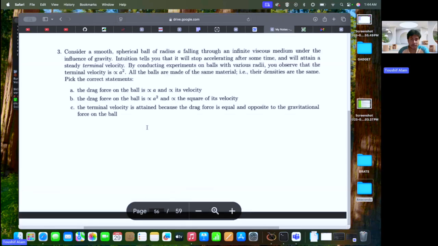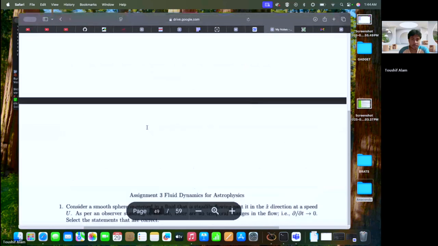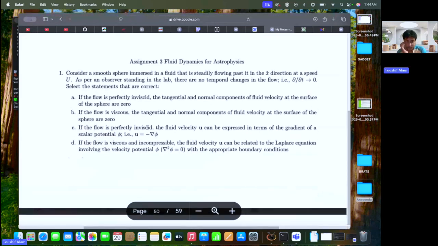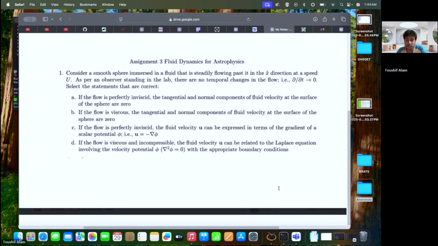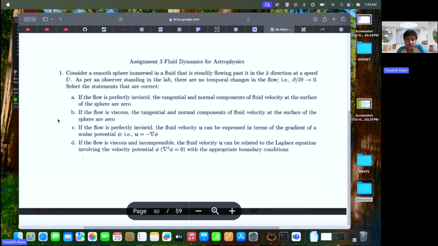So let's get back to some of the more assignment questions. The first question was: consider a smooth sphere immersed in a fluid that is steadily flowing past it in the positive direction at a speed u.